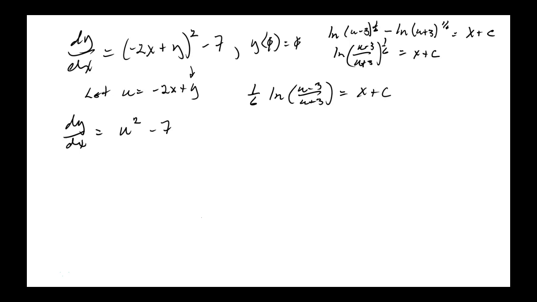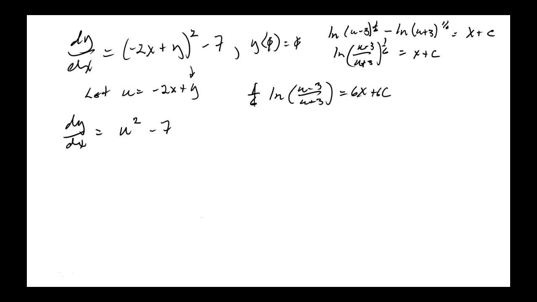Now we're going to multiply everything by 6. So that'd be 6x plus 6c, which again is just a constant. And we'll leave that alone for right now.